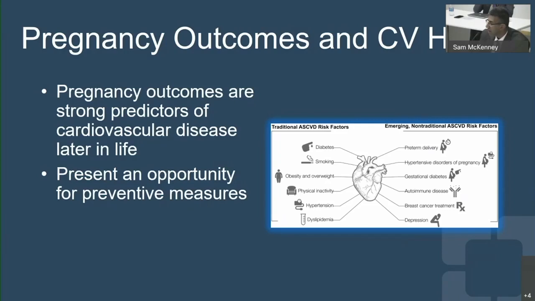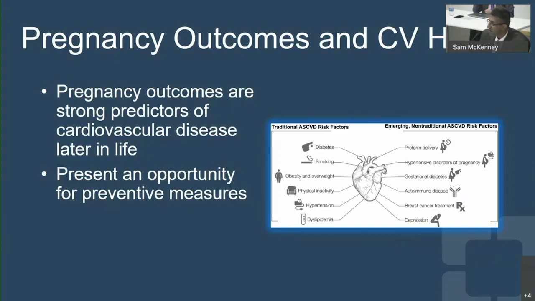And the same is true for gestational diabetes, and for spontaneous preterm delivery. So taking a good obstetrical history can often provide clues as to what the patient might be at risk for later in life, and should be part of what primary care providers look at, because this presents a great opportunity for preventative measures.